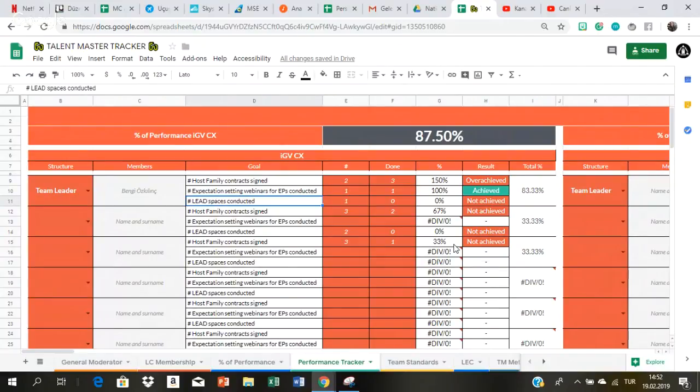What you need to understand from these KPIs is that as MC, we are expecting from you and your IGVCX team to conduct leads. But if you're not doing this and you don't have any data about it, you will just leave it at 0, and the total percentage will be calculated like this, okay? Which is very important.